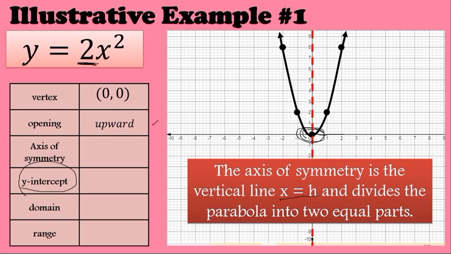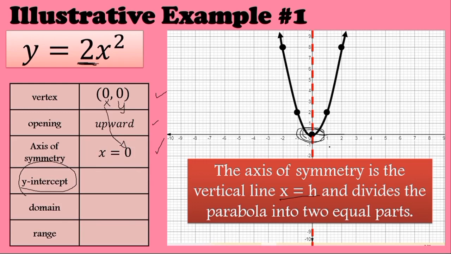Since it divides the parabola into 2 equal parts, the value of x in your vertex is considered the axis of symmetry. So take note that the coordinate pair begins with x and ends with y. Therefore, the axis of symmetry pertains to the value of x in the vertex. So x equals 0.